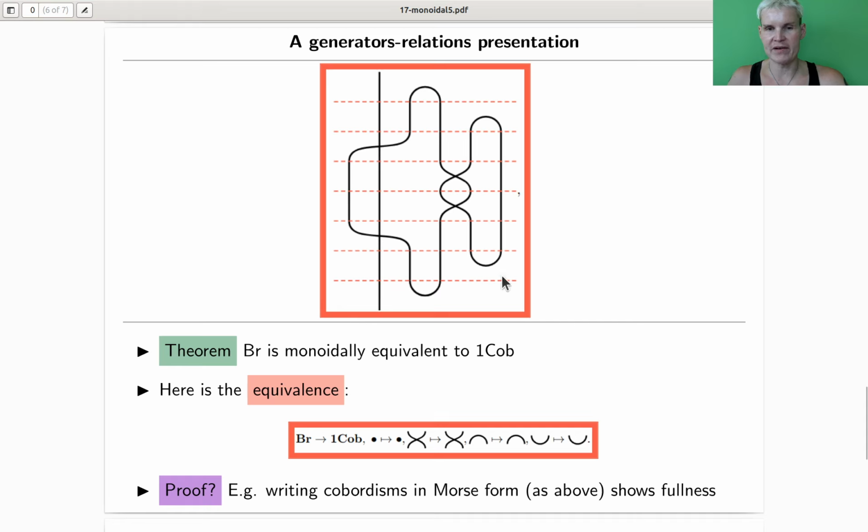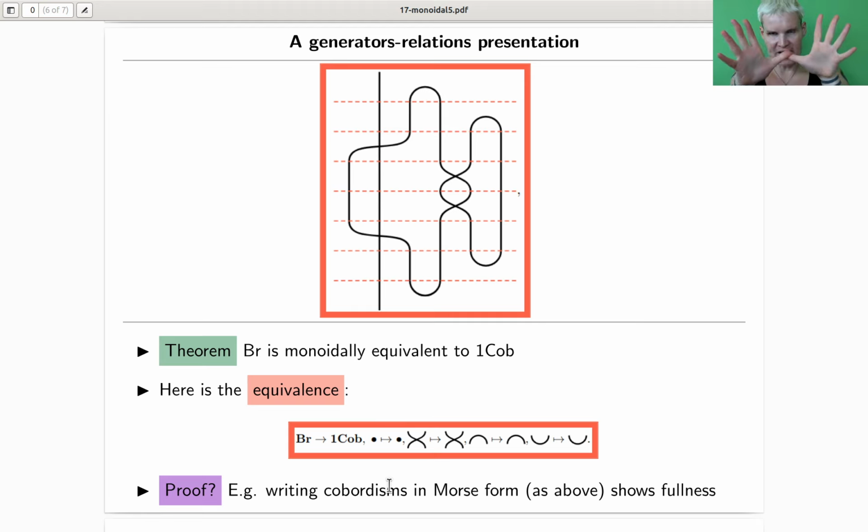So there's a brick-type decomposition of your cobordisms. And that shows fullness. If you think about a normal form, you can show faithfulness, and that every structure is preserved is essentially not difficult.